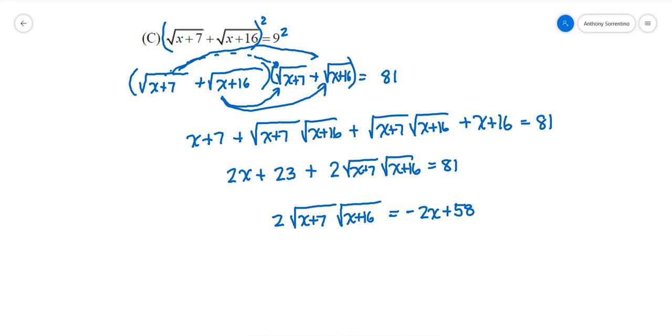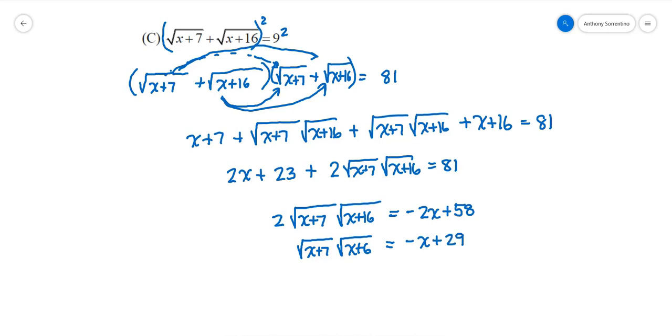Going back to some rules that we learned before, let's divide both sides by 2, because both terms on the right-hand side are even. So I'm going to have the square root of x plus 7 times the square root of x plus 16 equal to negative x plus 29.